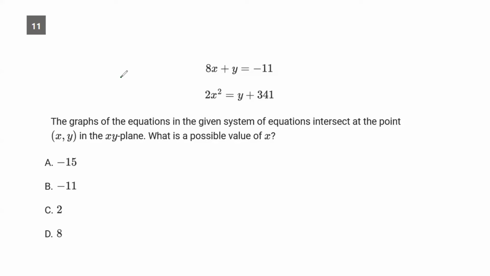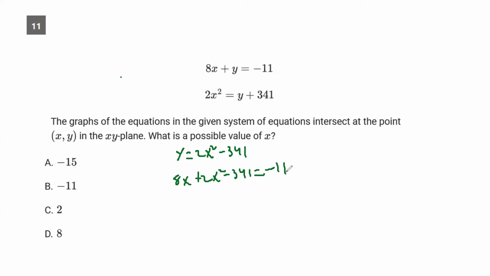Okay, I would solve for y here and then plug it in there. So y equals 2x squared minus 341. Now I'm going to plug in. So then you get 8x plus 2x squared minus 341 equals negative 11.